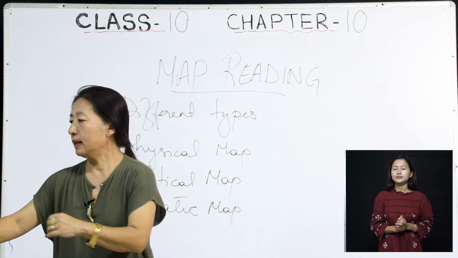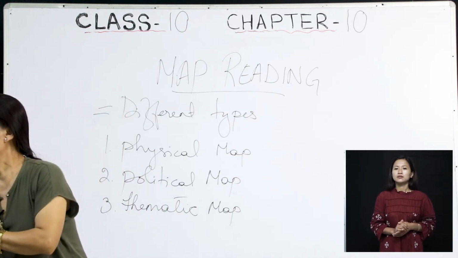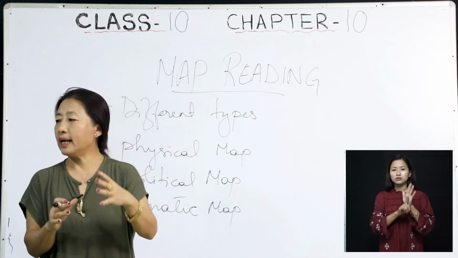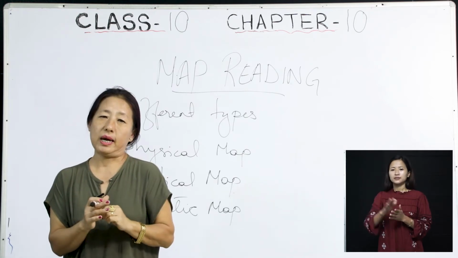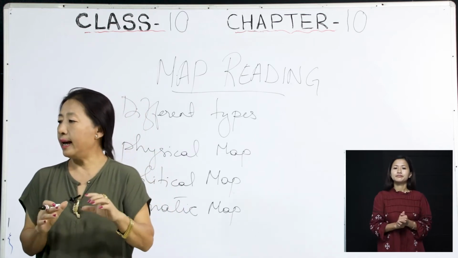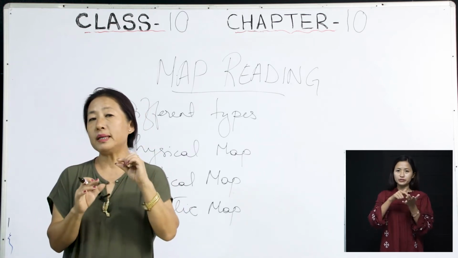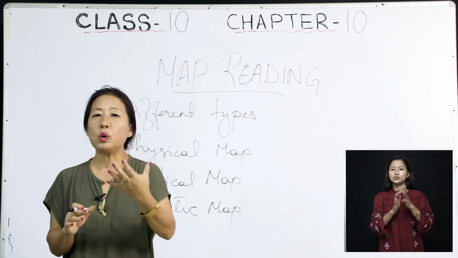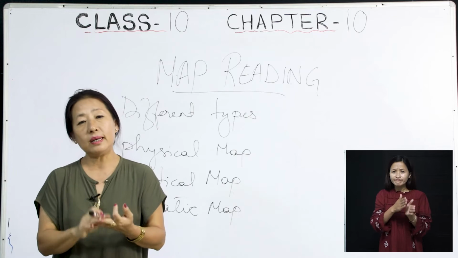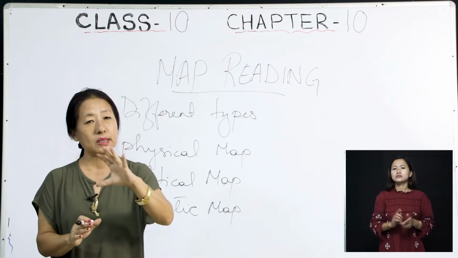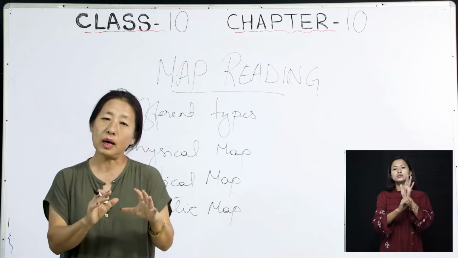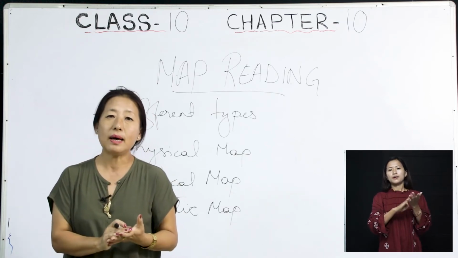And regarding this map, it will be showing selected features, and the point here is it will be depicting, that means it will be showing where the roads are, or the railways, or the industries, etc. Where all these are situated, it will be shown there on the map. So those are called the thematic map.